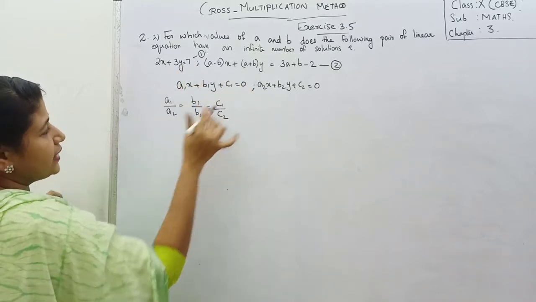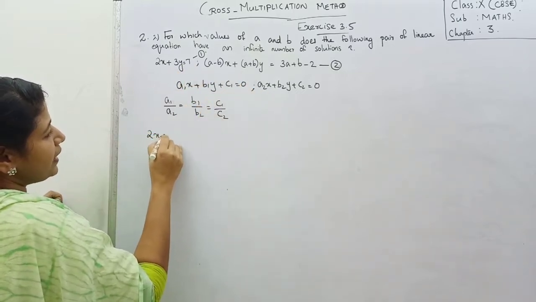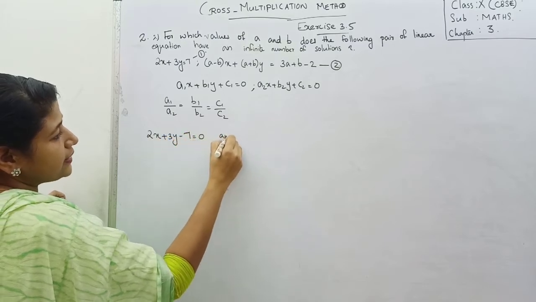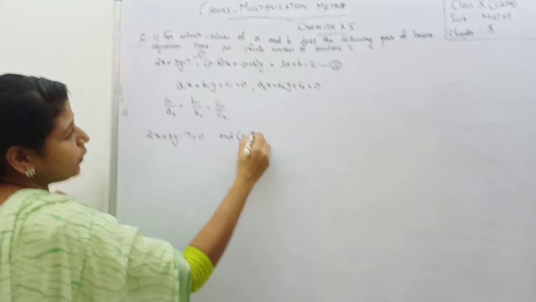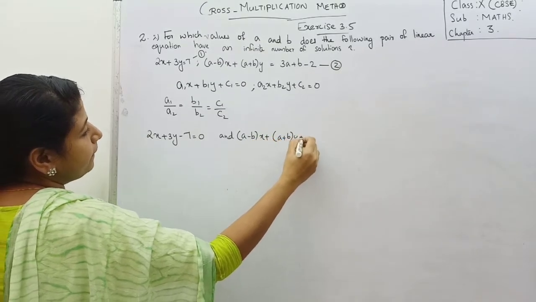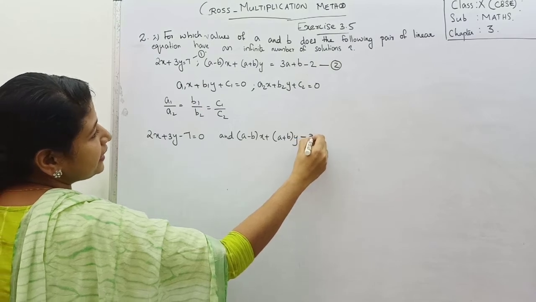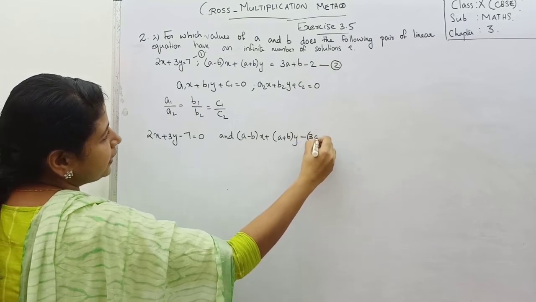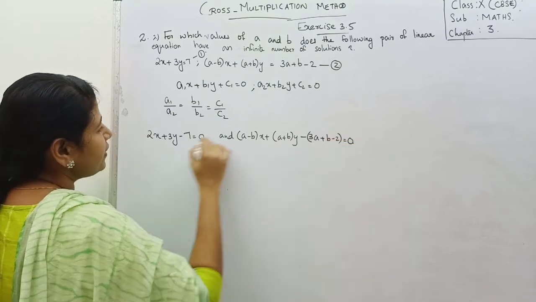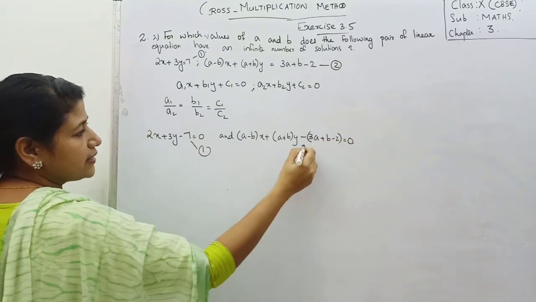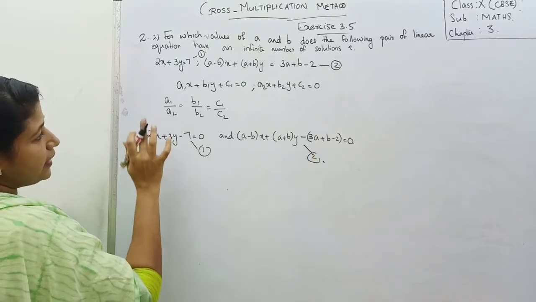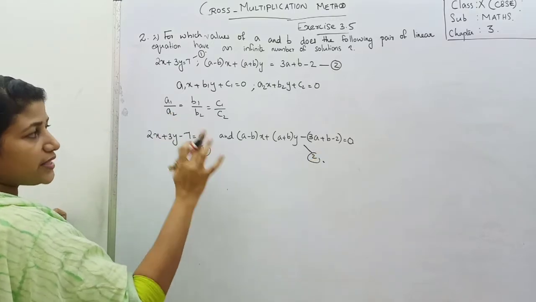That means in the standard form, we can write 2x plus 3y minus 7 equal to 0 and (a minus b) into x plus (a plus b) into y minus (3a plus b minus 2) equal to 0. We can write this as the first equation and this as the second equation. Now we can consider a1, a2, b1, b2, c1, c2.